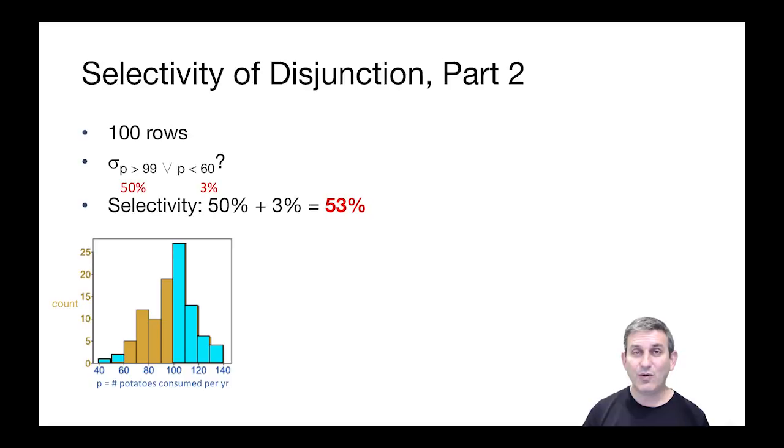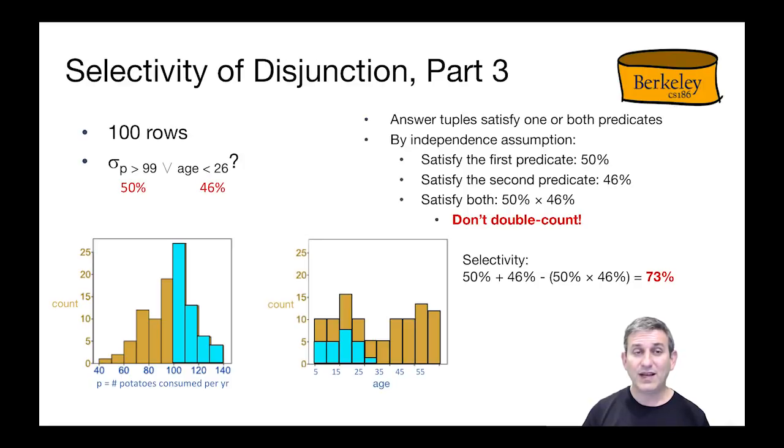But let's think about how it works across columns. Now we've got selection of p greater than 99 or age less than 26. Those are overlapping predicates. There might be some people who have more than 99 potatoes consumed per year, but they're young, they're less than 26, and we don't want to double count them. So every answer tuple is going to answer one predicate, 0 predicates, or 2 predicates.